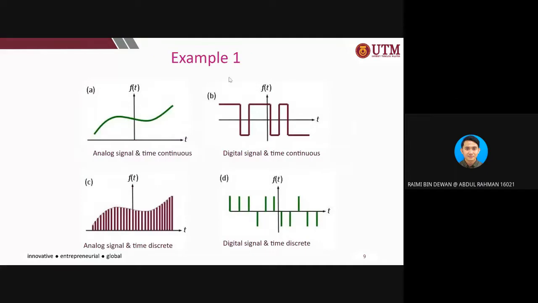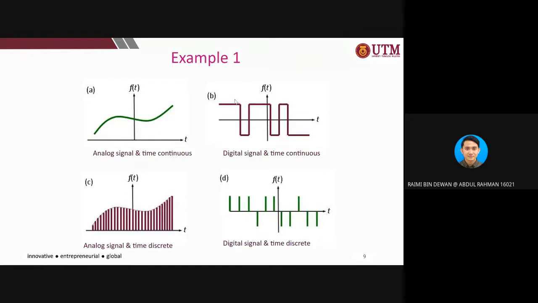This is an example. You need to be able to know the difference when the question asks whether it is analog or digital, and whether it is discrete or continuous. For A, it is analog because it has a various range of amplitude values, and at the same time it is time continuous, so we have all values for all continuous time.